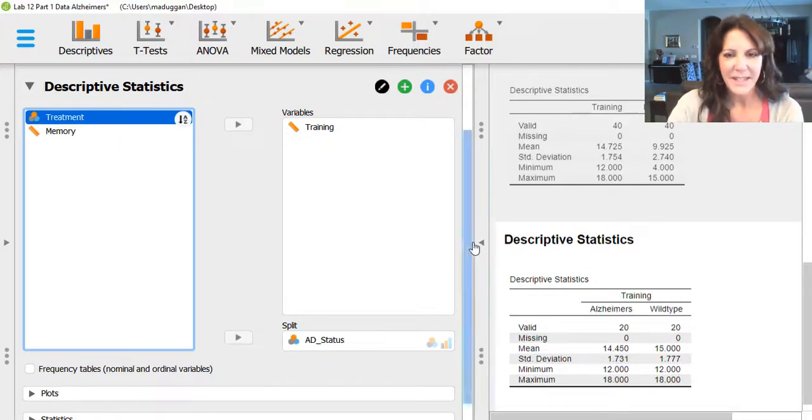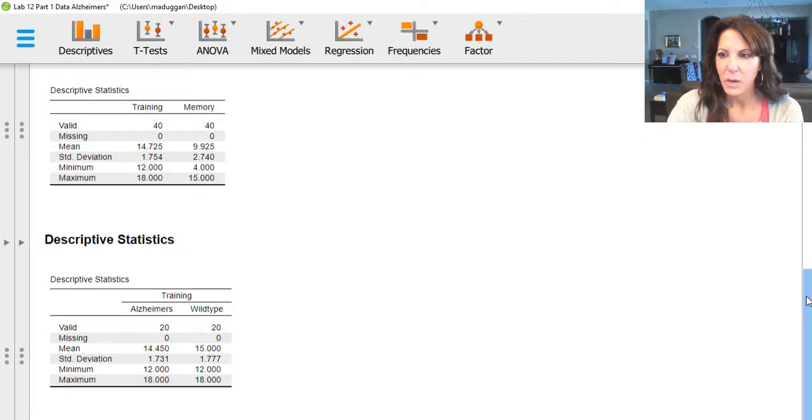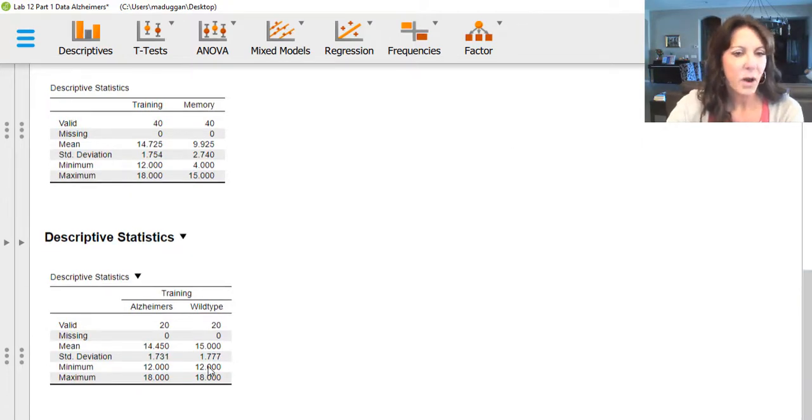So what did this tell us? Let's take a look. Well, it looks like on the first day, the training day, the Alzheimer's mice had an average of 14 errors and the wild type had an average of 15 errors. Looks like it's basically the same, right? So it looks like there really wasn't a difference in their performance on that training day. That's interesting.